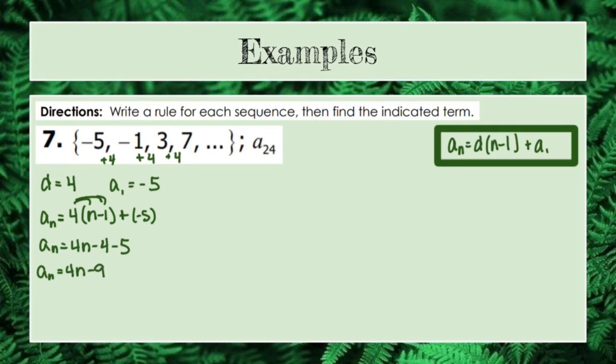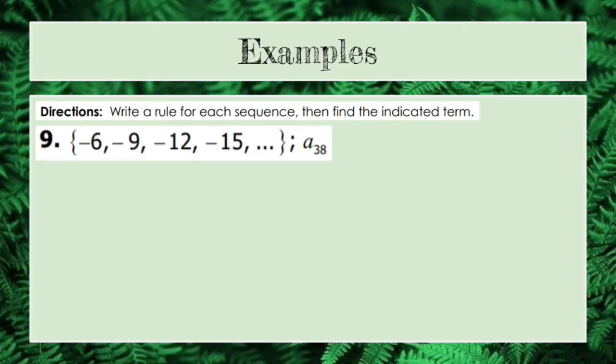That's part of our answer, but it still wants us to find a sub 24, the 24th term. To do that, we use the equation we came up with. a sub 24 is equal to 4 times n minus 9, and n is 24. So 4 times 24 is 96, minus 9. We should get 87 for a sub 24. That is your answer for number 7, both of those combined.